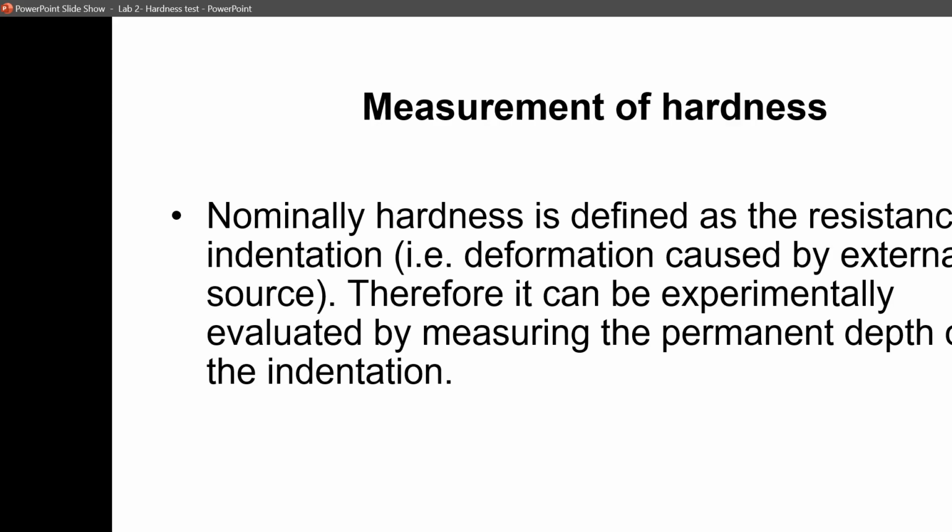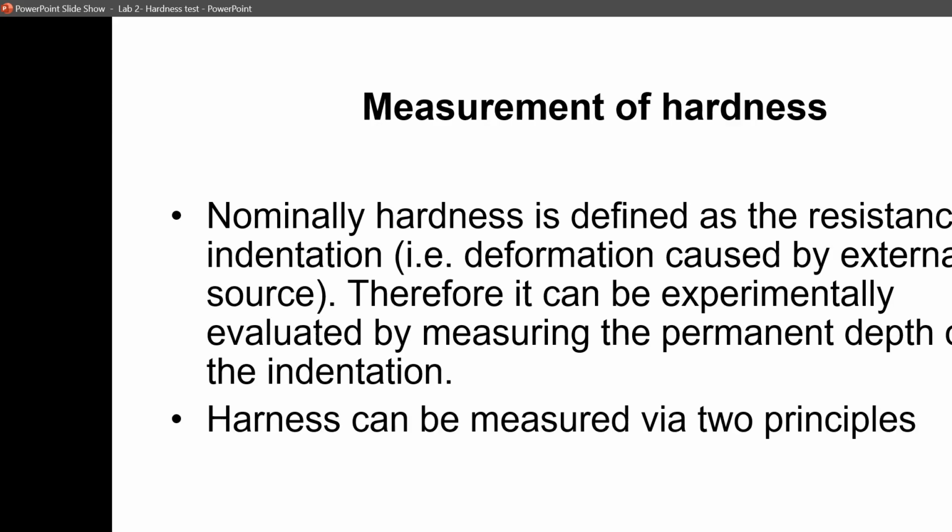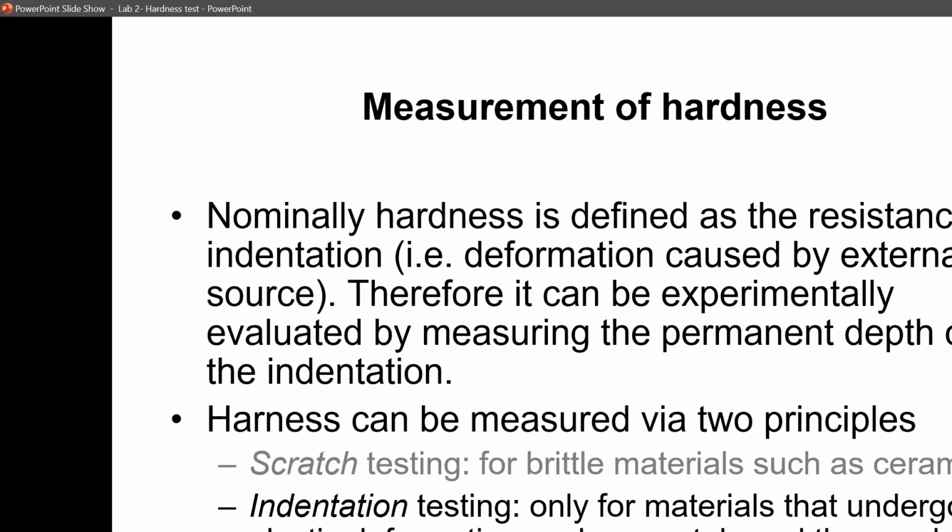Okay, we did talk about this. So for metals, we have two main tests for measuring hardness. First is the scratch testing, which is used for brittle material, and then indentation testing, which is used for less brittle, more ductile material. So why do you think we use scratch testing for brittle material and indentation testing for ductile material?